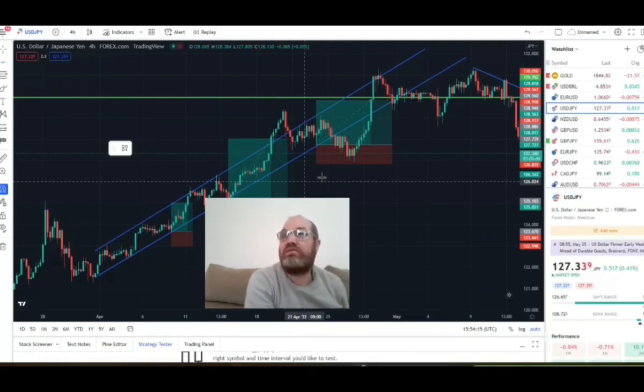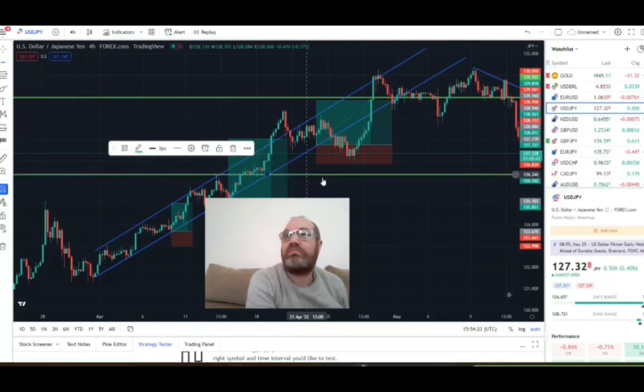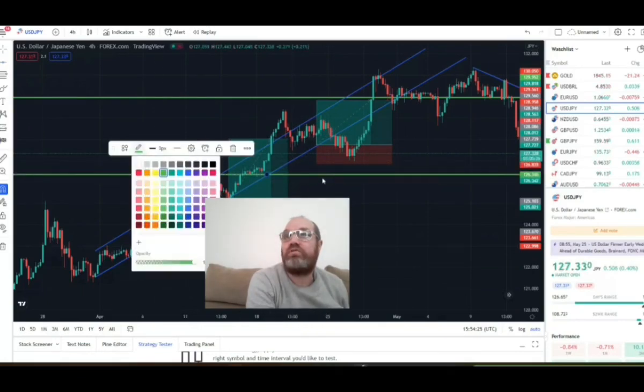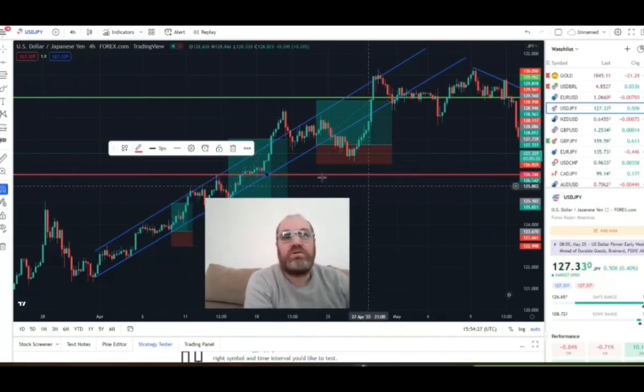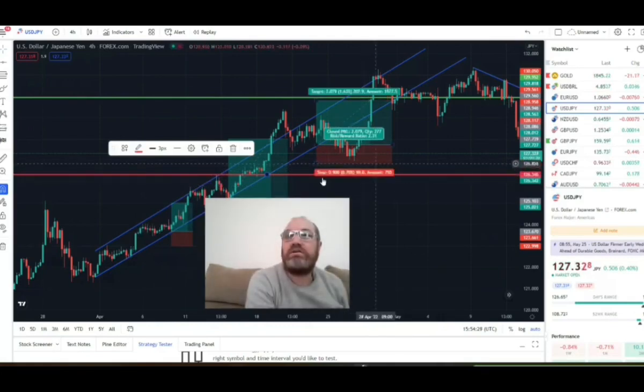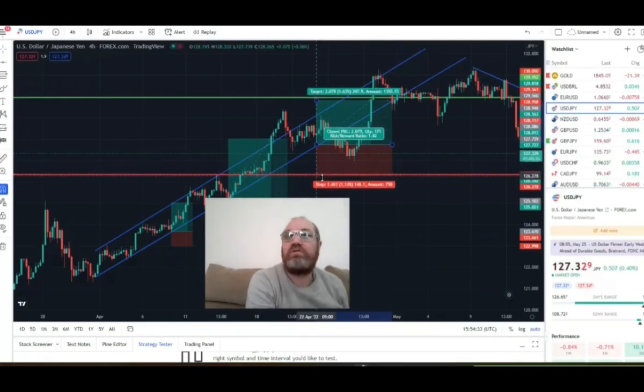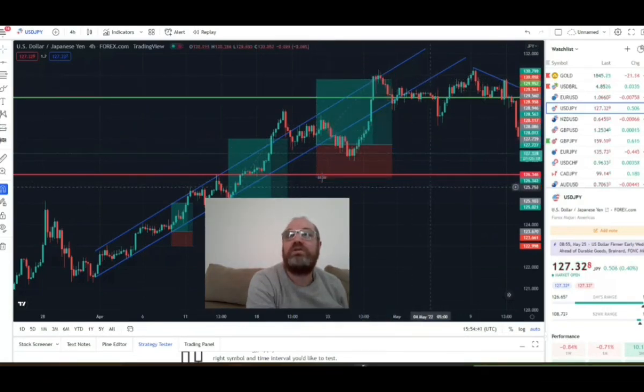So in this case, we can see that we have an area right about here. Let's make this one red. So I would actually, in this case, take my stop loss down a little below here. And then we want to go 2 times up. Let's see if that would hit. That would actually have hit.